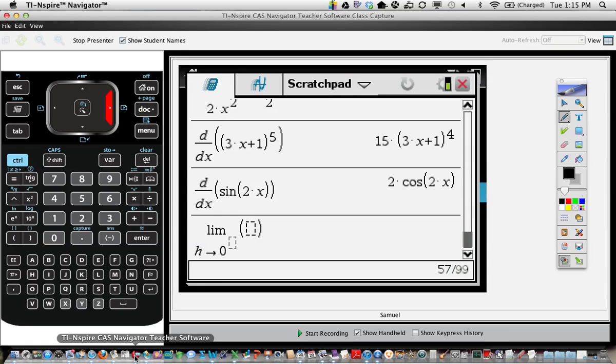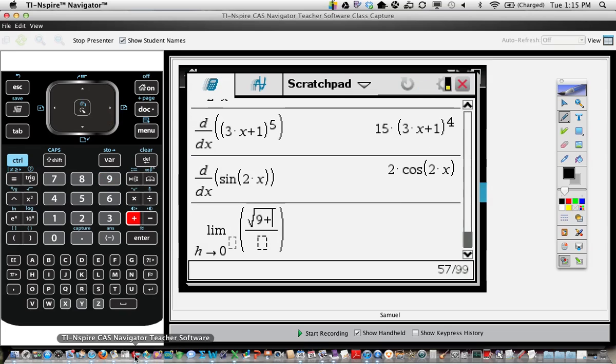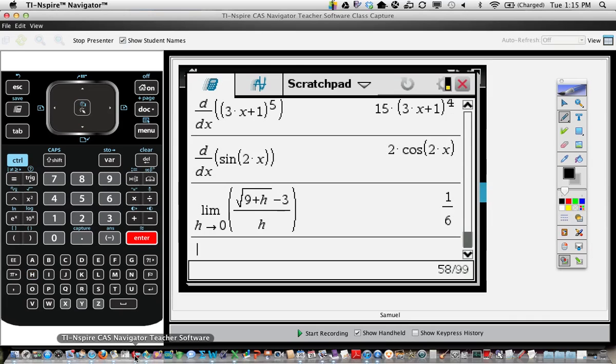And then let's put this fraction in there. Okay, so we got square root 9 plus h, then go out of the square root, minus 3, all over h, hit enter, and we get 1/6. Now, again, I don't think that did anything for your understanding of limit or slope or anything. You just typed in what you saw. Okay? All right, so that's that.